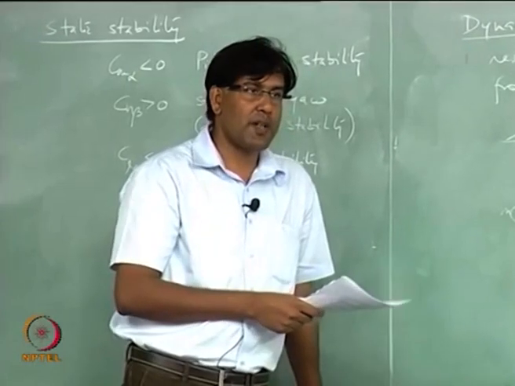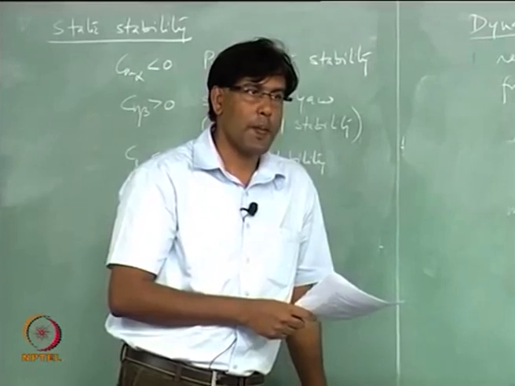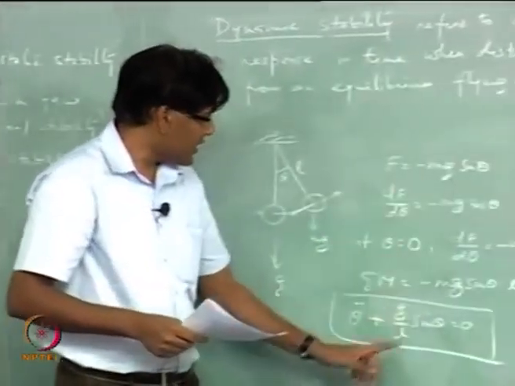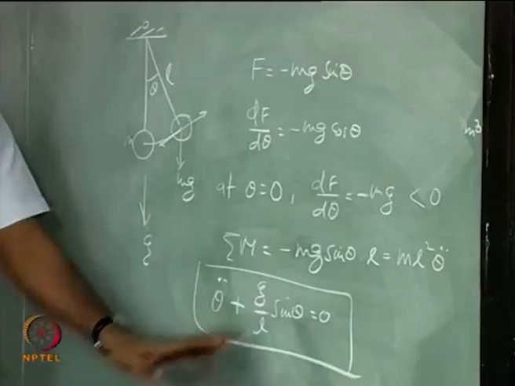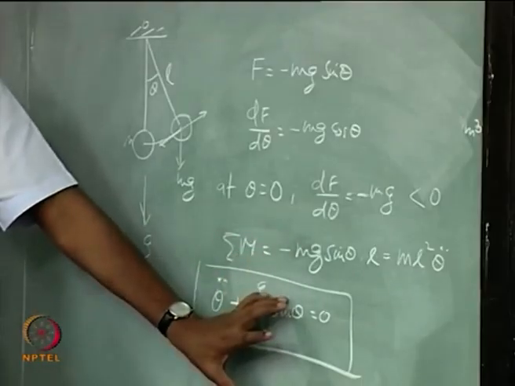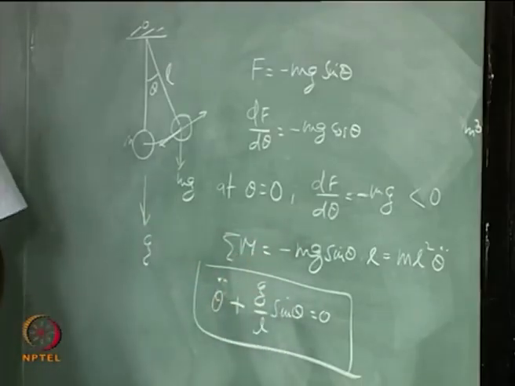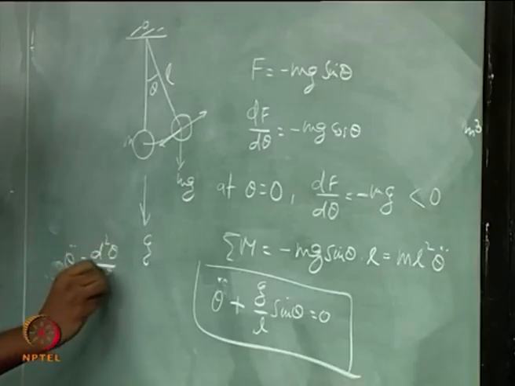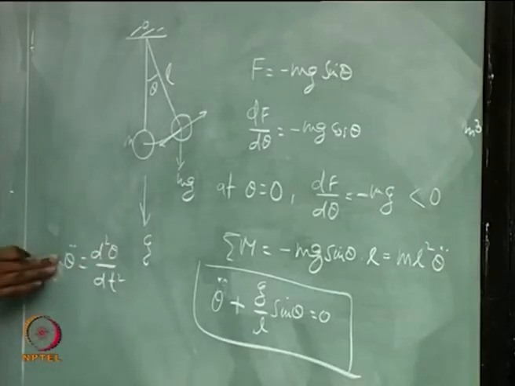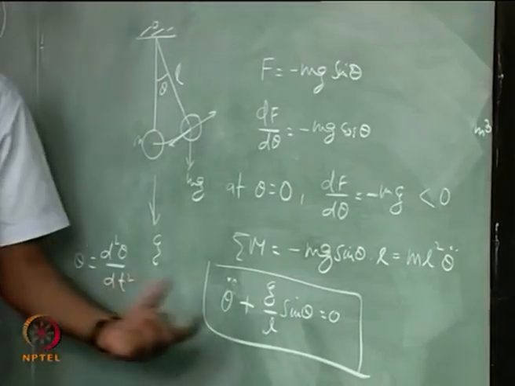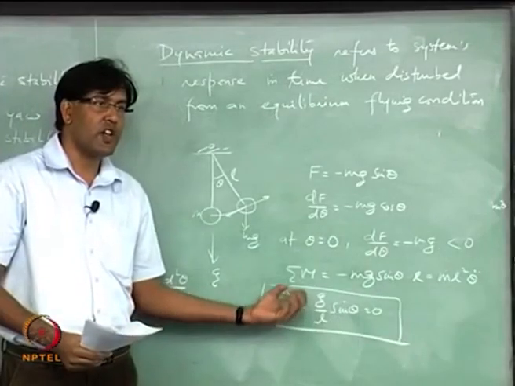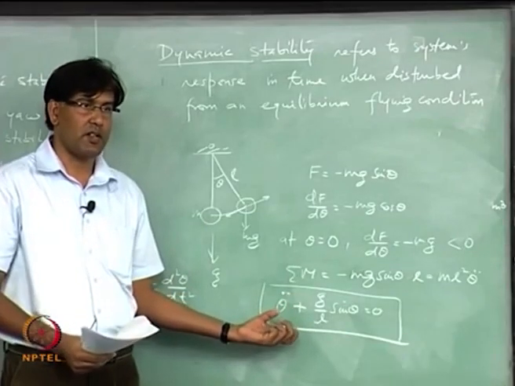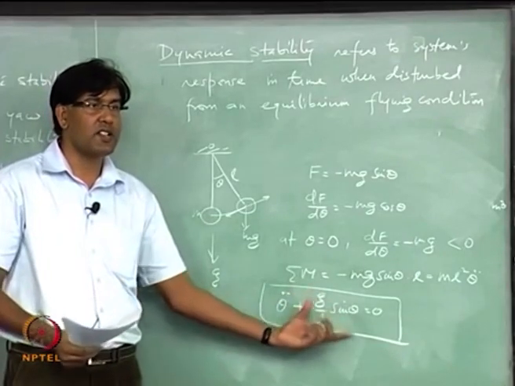Now, what do you say about stability? This force or the derivative is appearing here, in some fashion, but what about this? Now, I have to look at the evolution of this theta in time, and what is the solution for this?